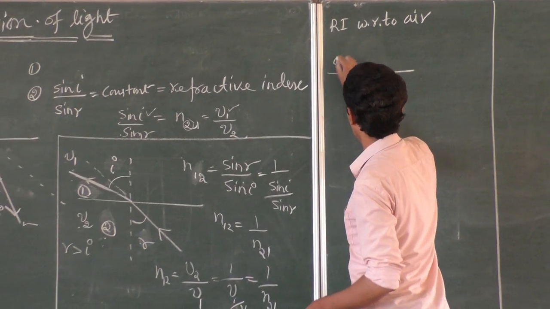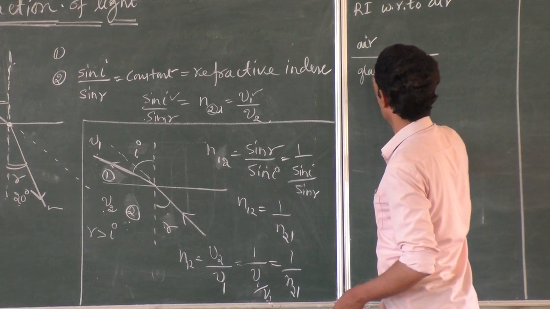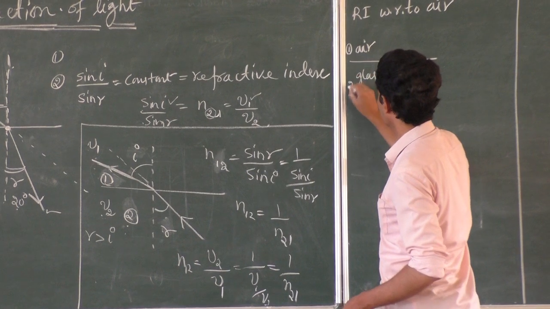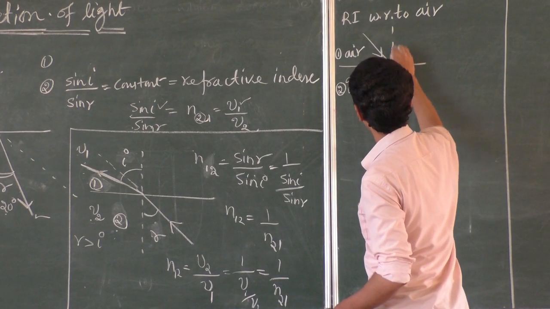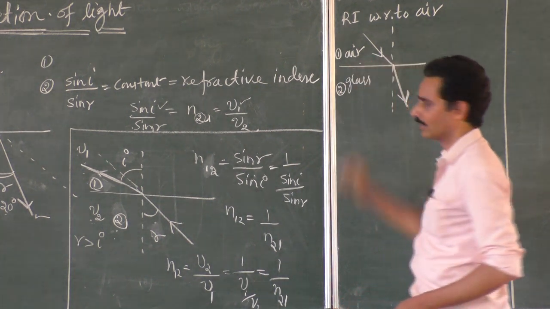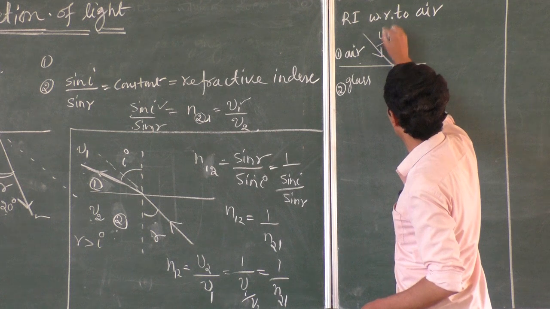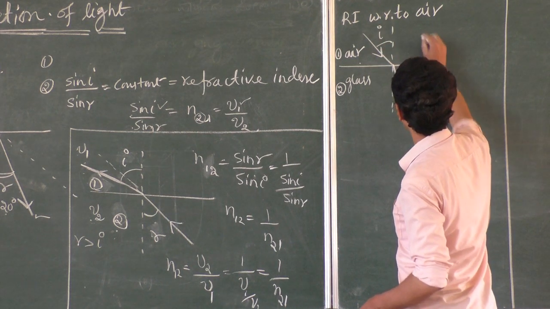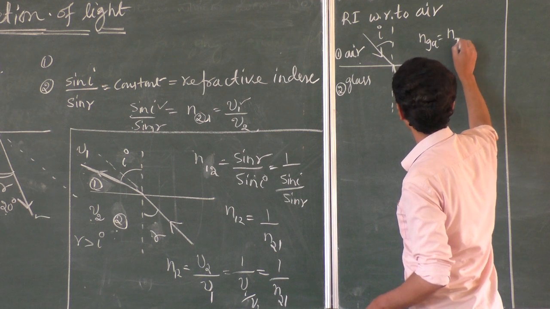Take the first medium air, and the second medium is any medium, say glass. A ray of light is incident, it bends towards the normal, because in air the velocity of light is highest and definitely it is lesser in glass. So I, R.